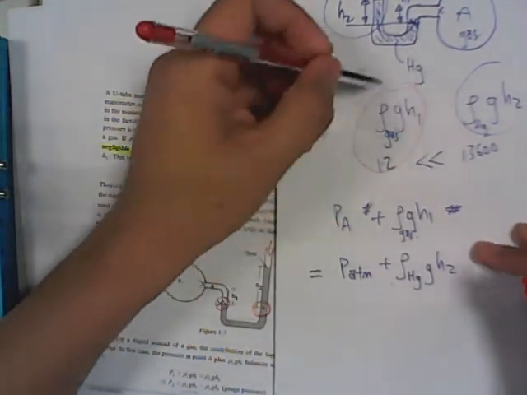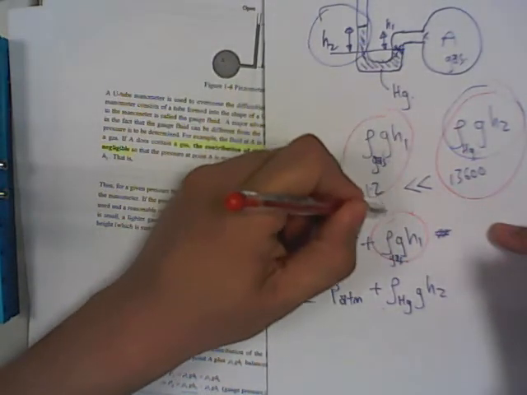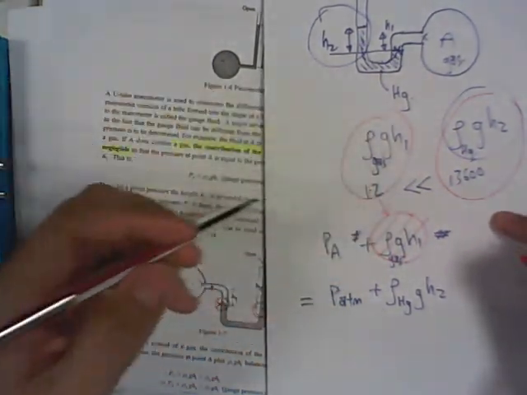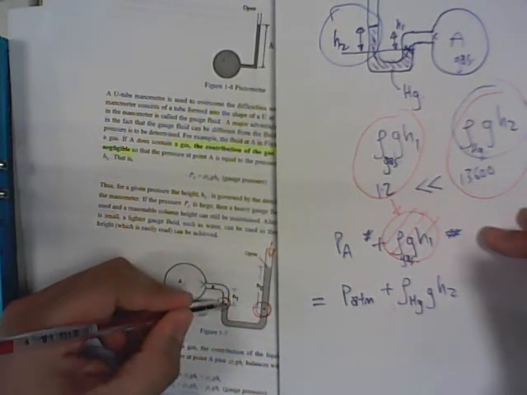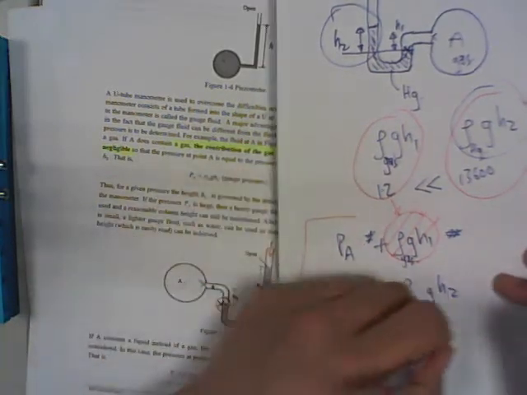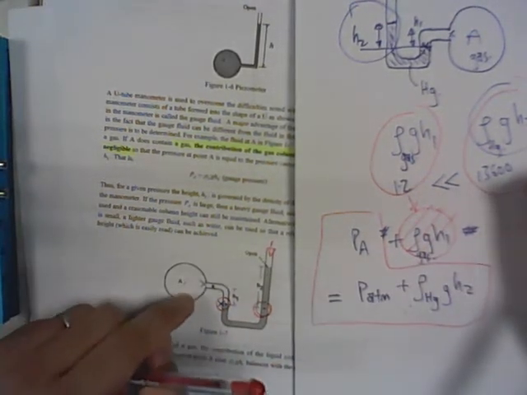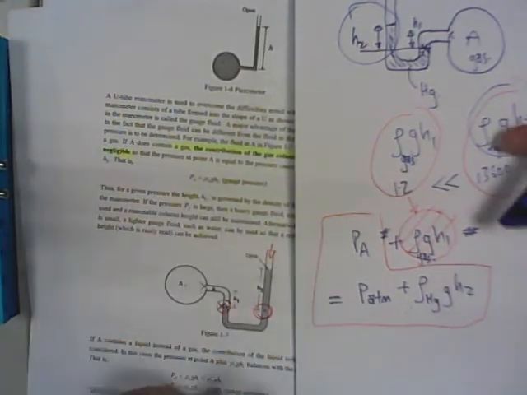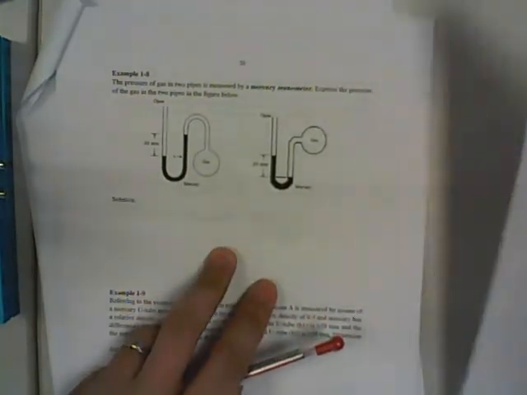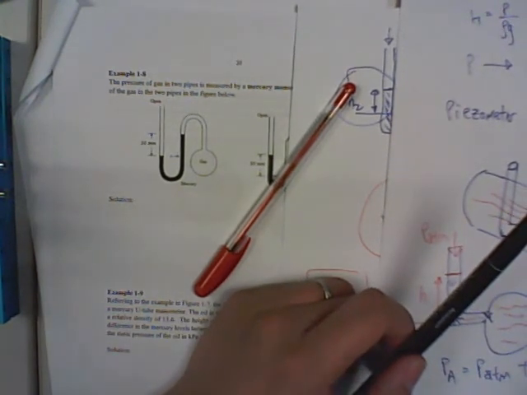But because this term is going to be very insignificant compared to this, you can actually ignore it and just assume that the pressure at A is similar to the pressure at this location, at this height over here. So that's how you get the expression of this. This is only applied to a situation when the fluid in the pipe is a gas. So this is basically what it means. We'll stop here and talk about the example next.